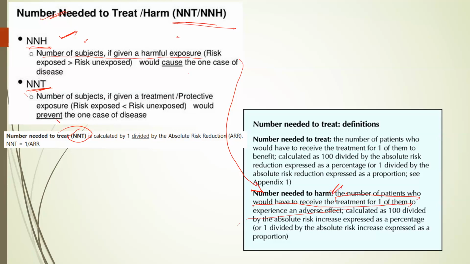The other one is the number of patients who need to be exposed to a risk factor for at least one of them to be disease positive. So these are the two different ways in which they can ask you the definition in the exam. With respect to disease and with respect to adverse effect, both have come. But adverse effect has been asked more frequently, but it's better you know both. Clear?